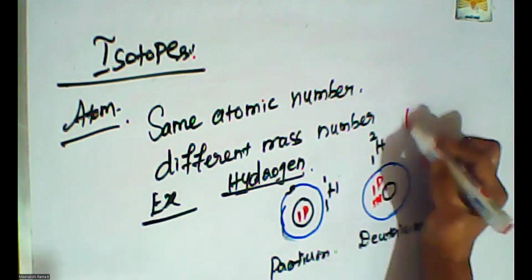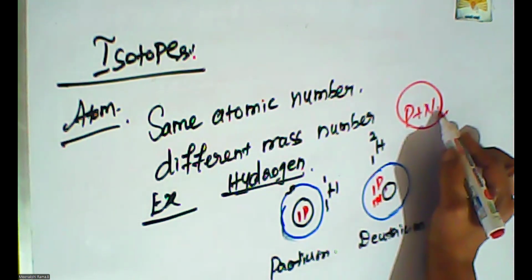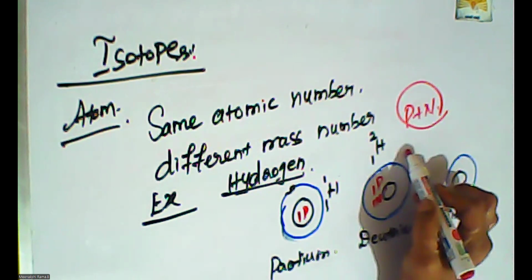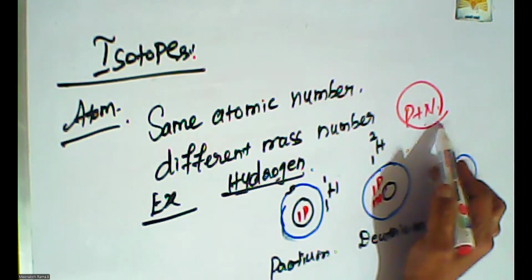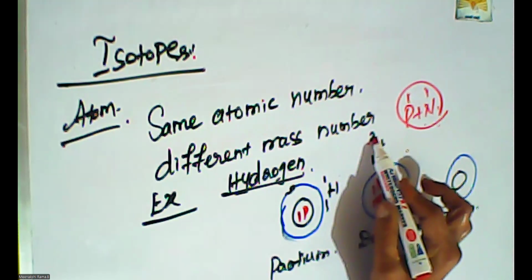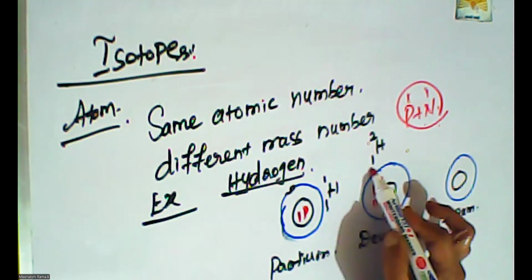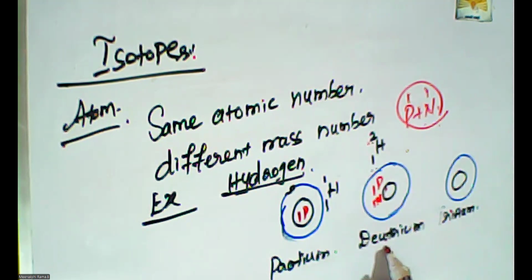It is the addition of protons and neutrons. The total number of protons and neutrons is considered the mass number. So 1 plus 1 means 2. The mass number is 2 and the atomic number is 1, so we write subscript 1 and superscript 2 for the deuterium isotope.